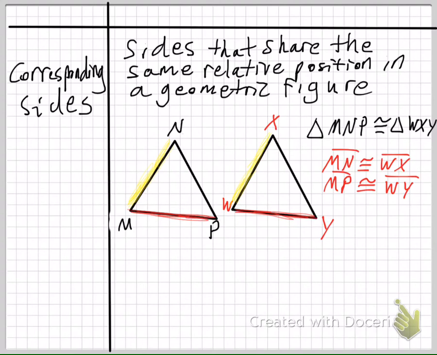And then finally, I can make the statement that NP is congruent to the length XY.